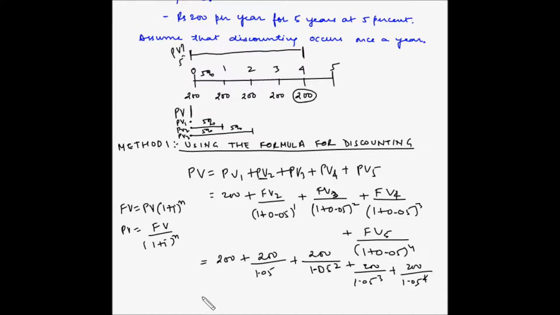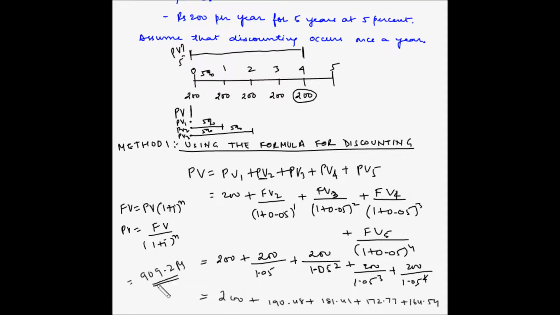So let's calculate this. So this comes out to 200 plus 190.48 plus 181.41 plus 172.77 plus 164.54, and this total comes out to be 909.2 rupees.